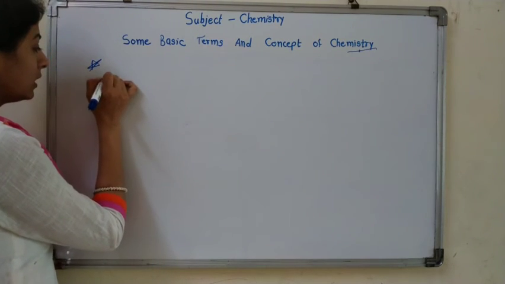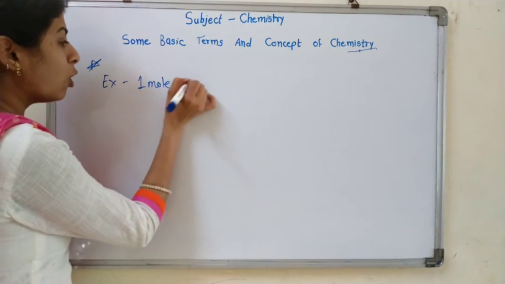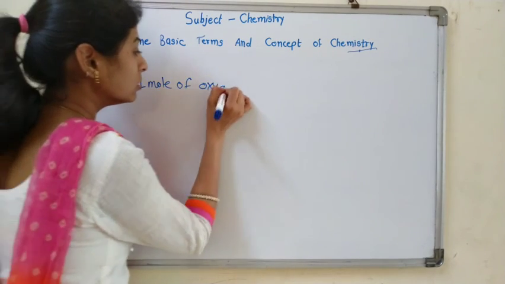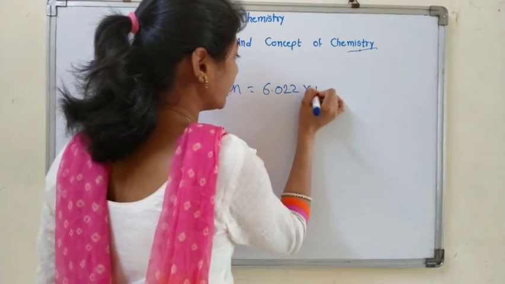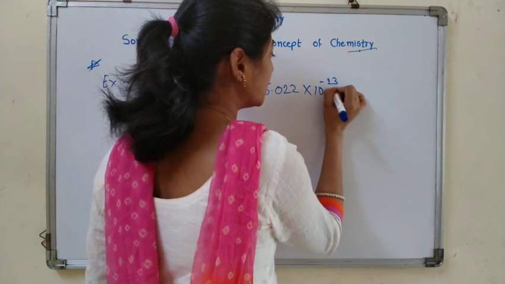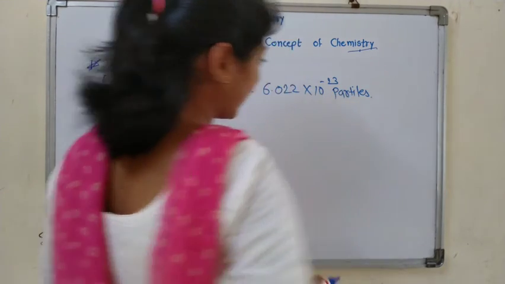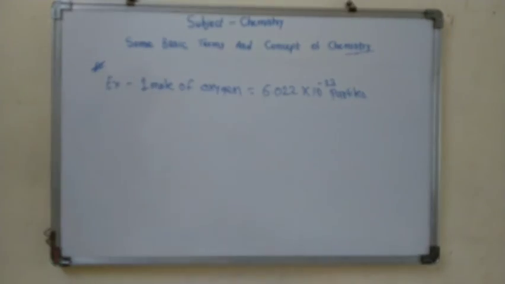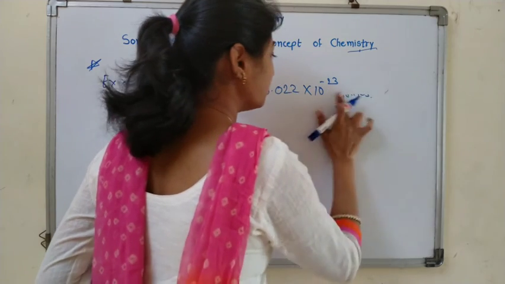For example, 1 mole of oxygen contains 6.022 into 10 to the power 23 particles, or atoms. What do you mean by that?